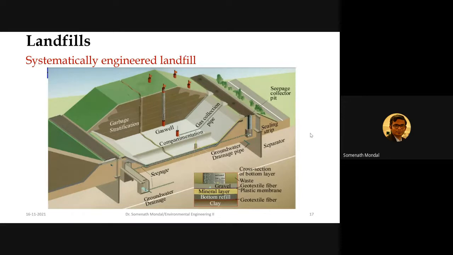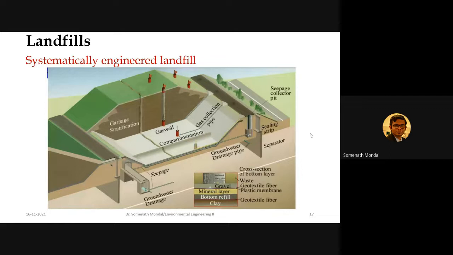And for doing that, we have the gas wells, and those gas wells are connected by the gas pipelines. Now sometimes that gas, if it is in significant amount, can be collected and used for some other purpose, or you can simply take that gas to produce electricity. I mean, you can basically transfer that energy in whatever way you want.